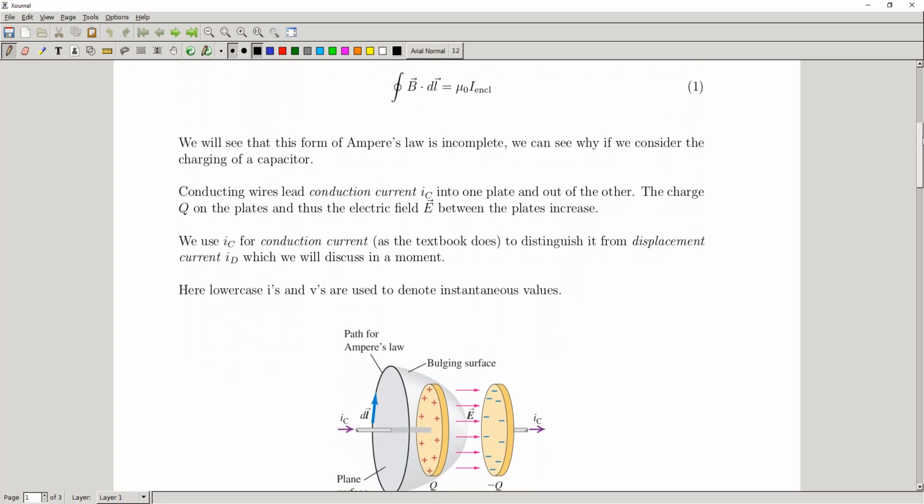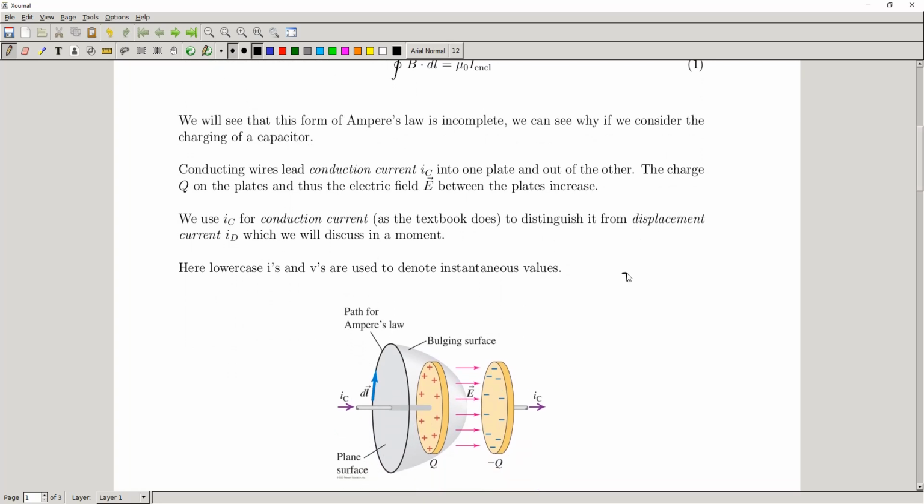So generally speaking, we use capital I to mean current, right? But what we're going to do now is take the current that we normally use and write it down as a lowercase c subscript, I sub c. This is meant to mean that we're talking about a conduction current. So all the currents that we've talked about up to this point have always been conduction currents. Conduction current meaning just a current running down a wire, the same stuff we've been talking about, right?